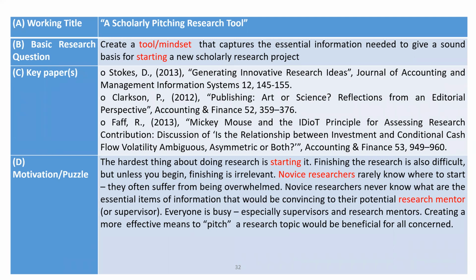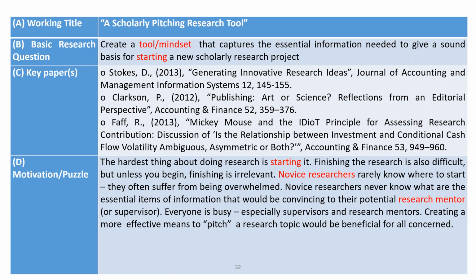And in fact, it wasn't just Accounting and Finance that he was involved in, but several other journals, including Contemporary Accounting Research. So again, giving a lot of insights and reflections about the publication game, but it's not just about publishing. It actually gives us a lot of insight in terms of how to do good research, because ultimately we do want to get published. And so if we do good research, we hopefully will get published.